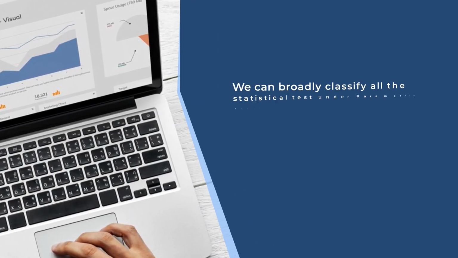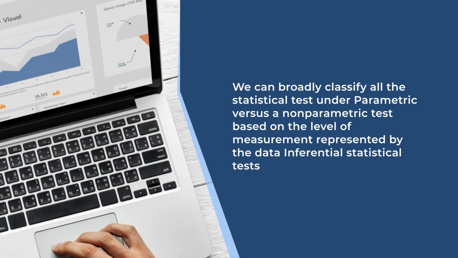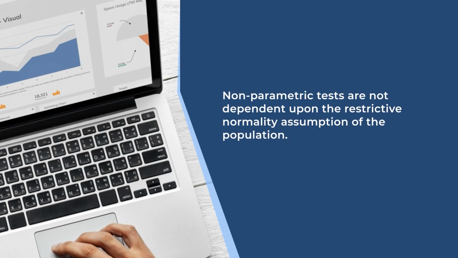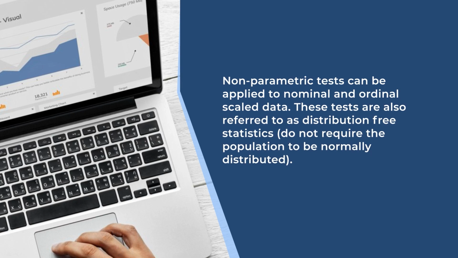We can broadly classify all the statistical tests under parametric versus non-parametric tests based on this level of measurement. Non-parametric tests are not dependent upon the restrictive normality assumption of the population. Additionally, non-parametric tests can be applied to nominal and ordinal scale data. These tests are also referred to as distribution-free statistics, which means they do not require the population to be normally distributed.